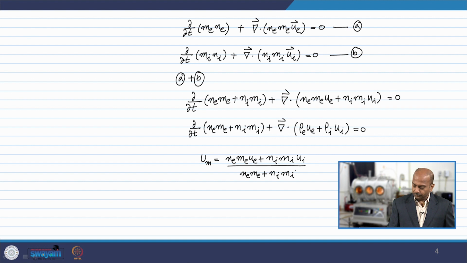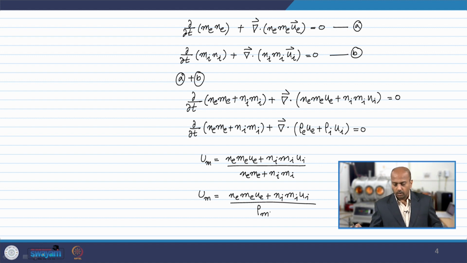The denominator can be written as the total density of the fluid, rho m, which is nothing but rho E plus rho I, right.